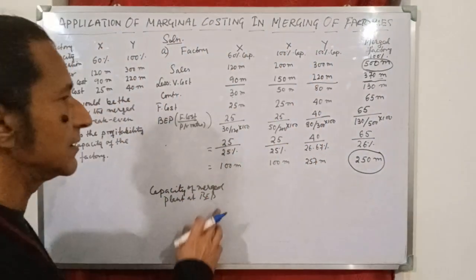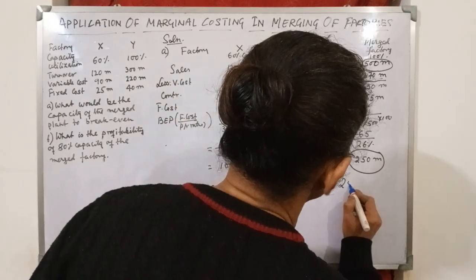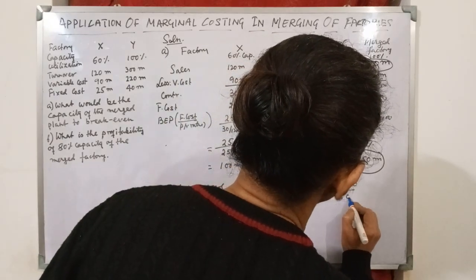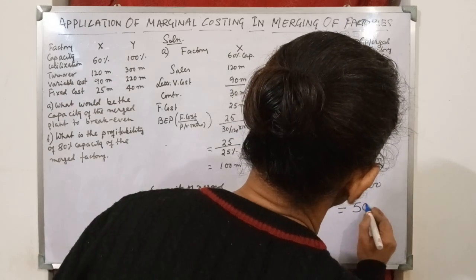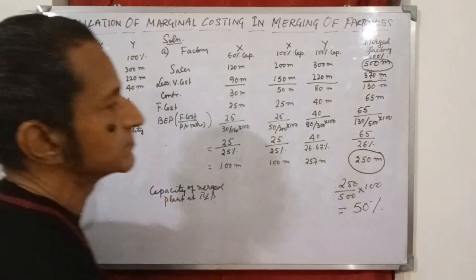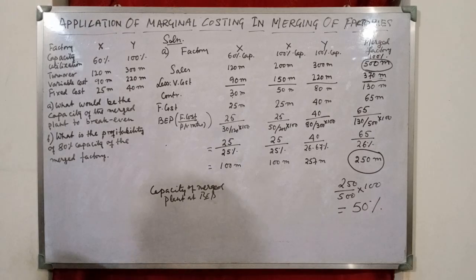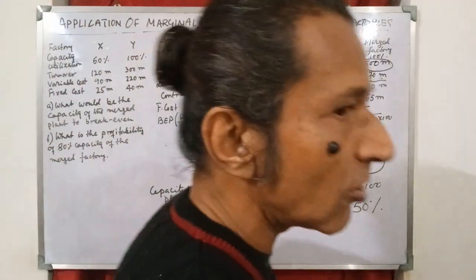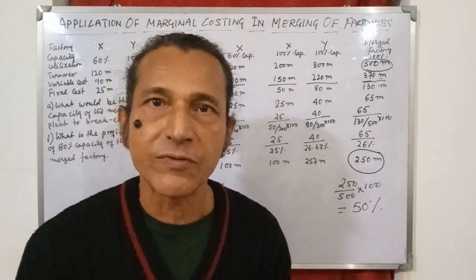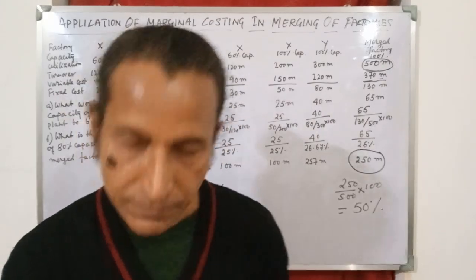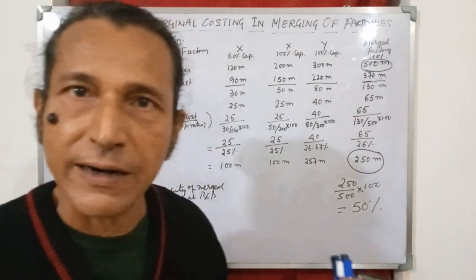That means capacity will be 250 divided by 500 into 100, that is 50%. So in order to break even, the merged factory has to operate at 50% capacity utilization. So the answer of part A is complete.